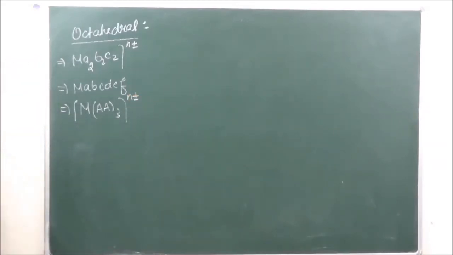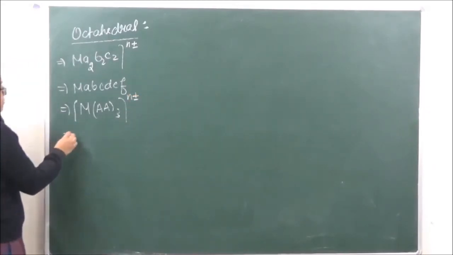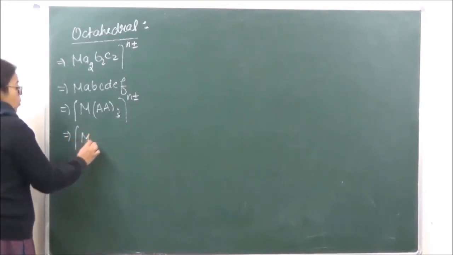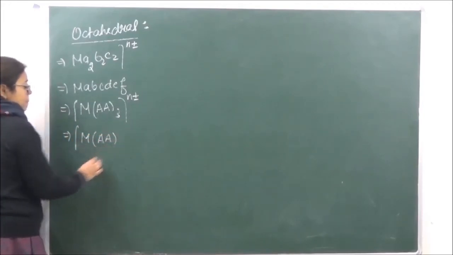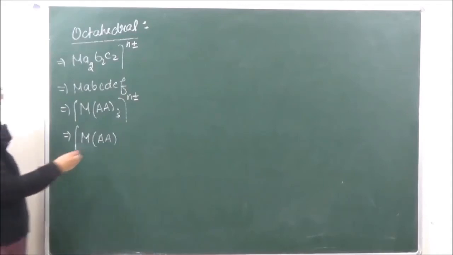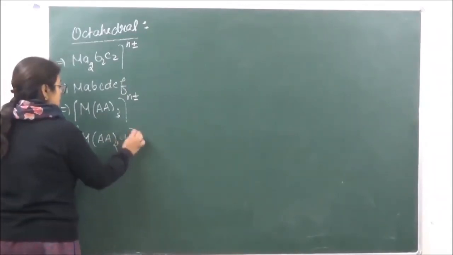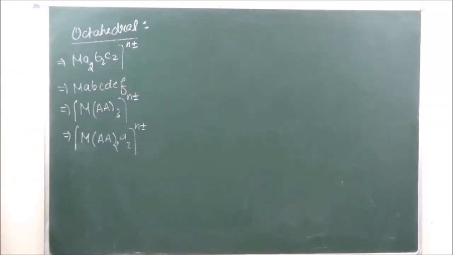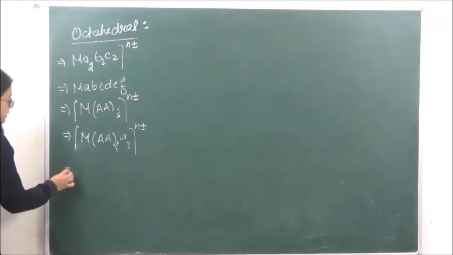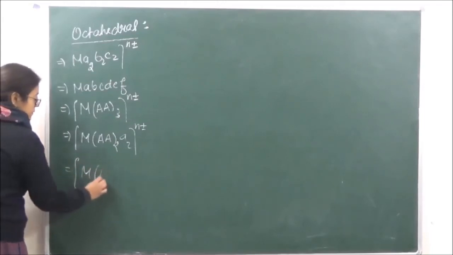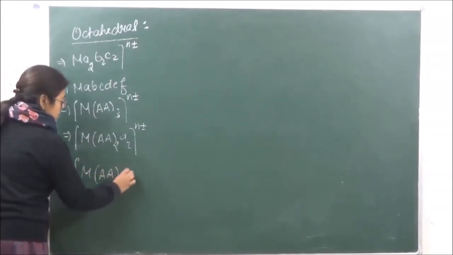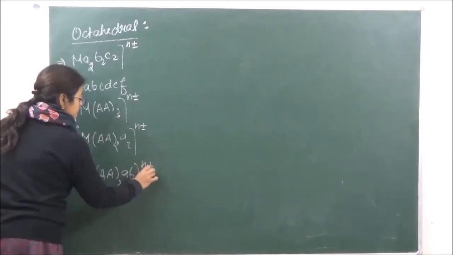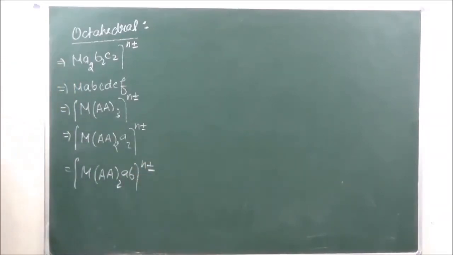Then the next one we have is one bidentate ligand, and the other ones are going to be the normal ligands. And then of the type M(AA)2 with positive and negative ligands.